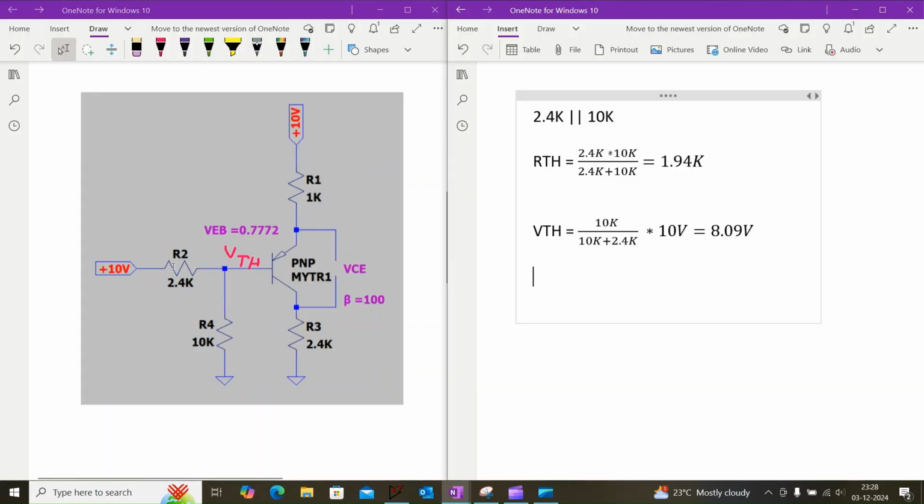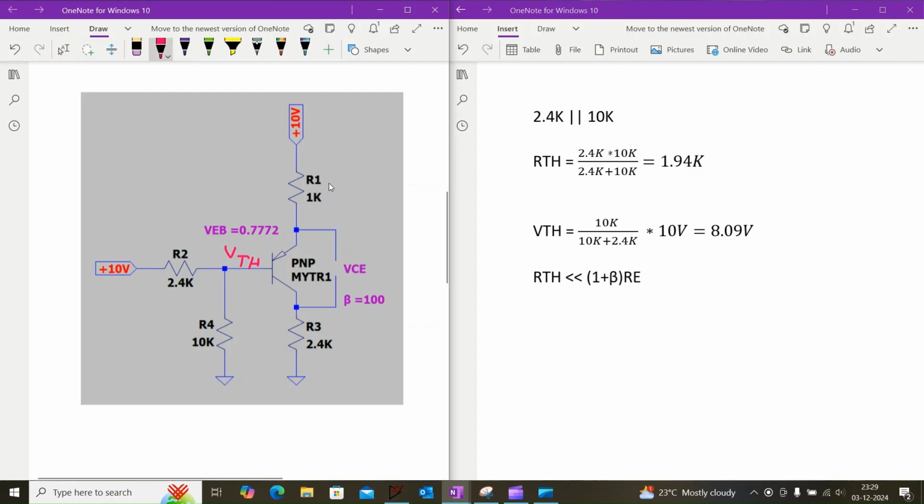Here the Thevenin's equivalent resistance of this base is much lesser than 1 plus beta times Re. Then we can make the approximate analysis. Here resistor R1 is the emitter resistance Re and resistor R3 is the collector resistance Rc.